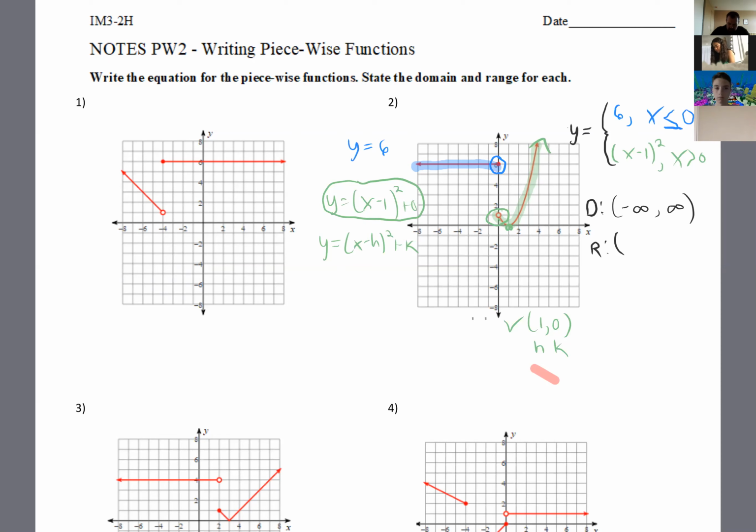This point right here has a y coordinate of 0. Do we include that point? Yes. So I'm going to use a bracket because that point is part of our graph. Is there a highest point? No. This parabola goes up forever, so it's going to be to infinity. So all of this right here would be your answer.